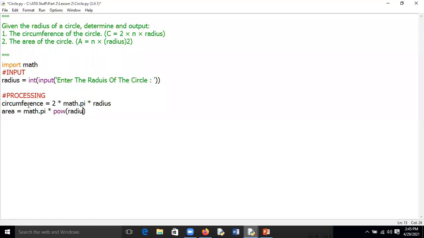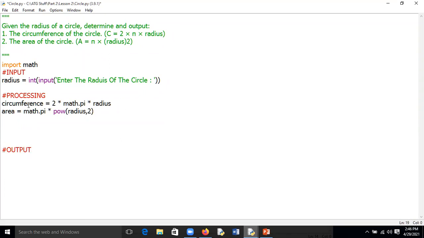It's going to be radius comma 2, and that would square it. Now I want you to understand something, that your circumference and your area will be of type float, because pi is a float number, right? So we will come back and round that off just now.